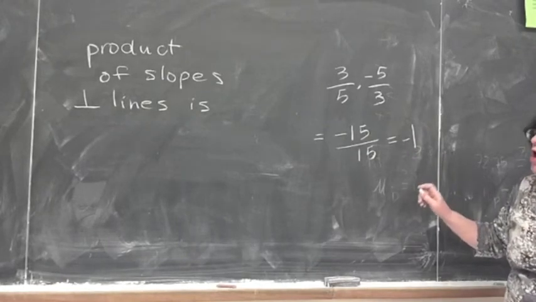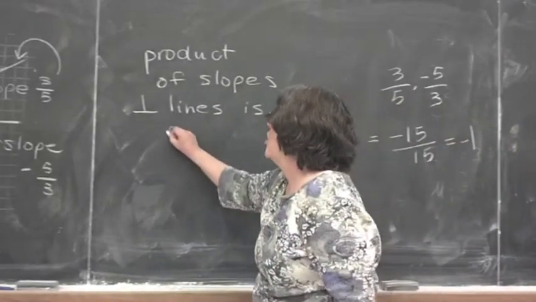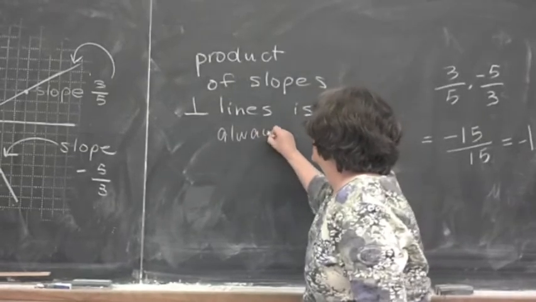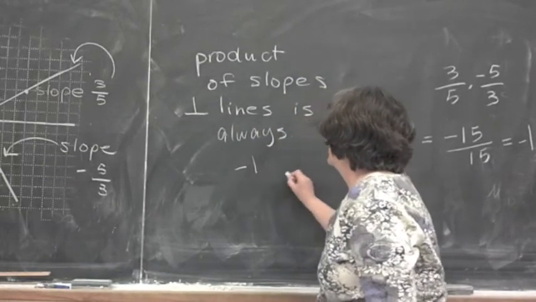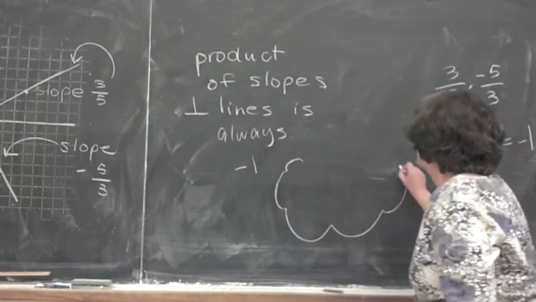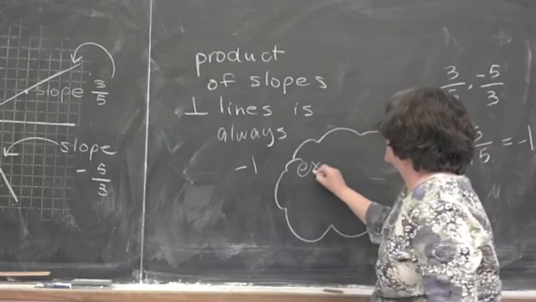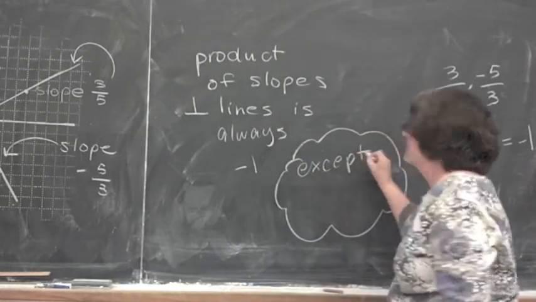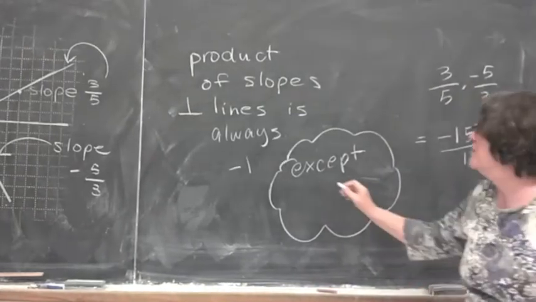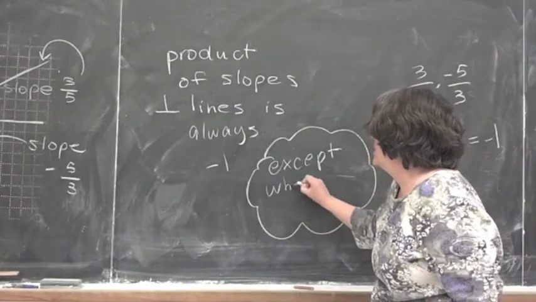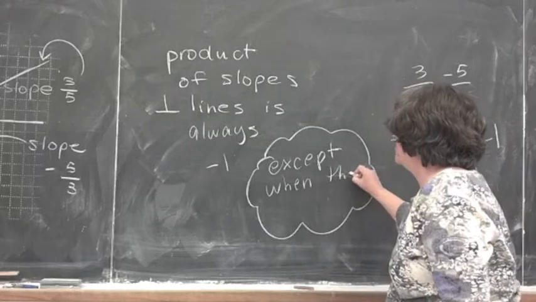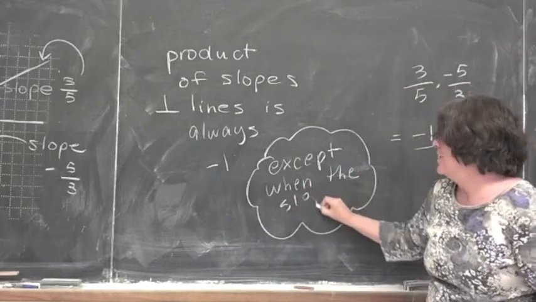And this will always happen. It's always negative 1 with one set of exceptions. Do you know what those are? Those are going to be when the slope is undefined.